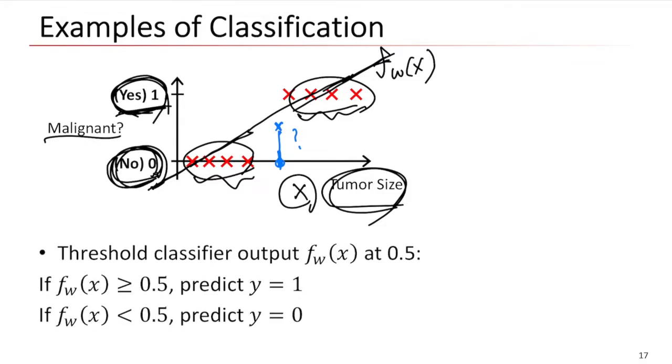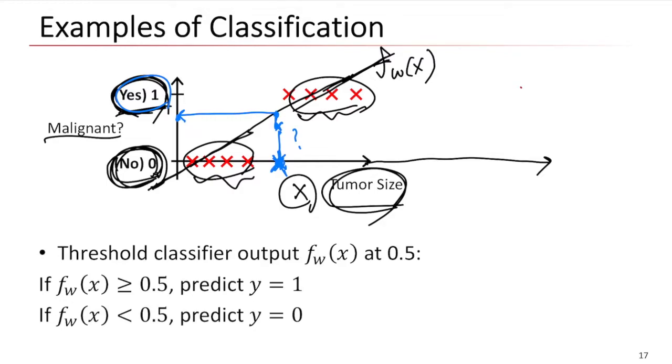As you can see here, in this case we can say that with this tumor size, it should be here, so it is probably similar to the malignant case, right? That seems reasonable.